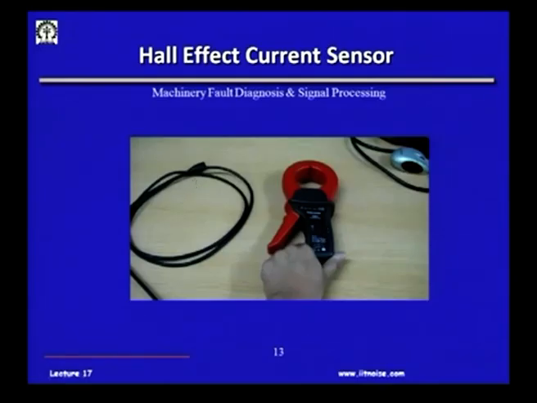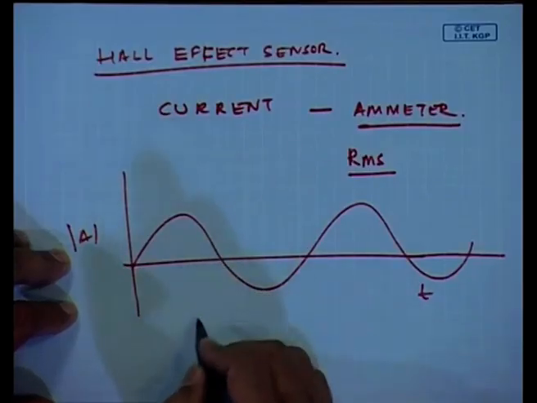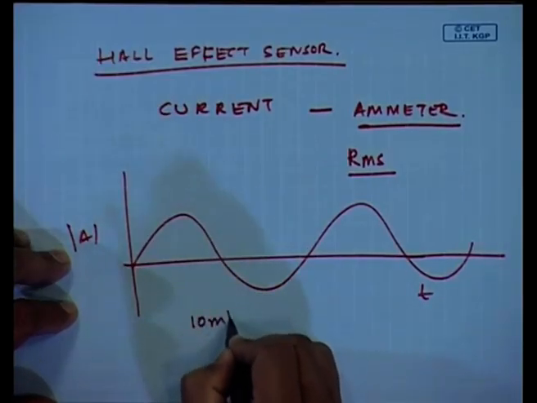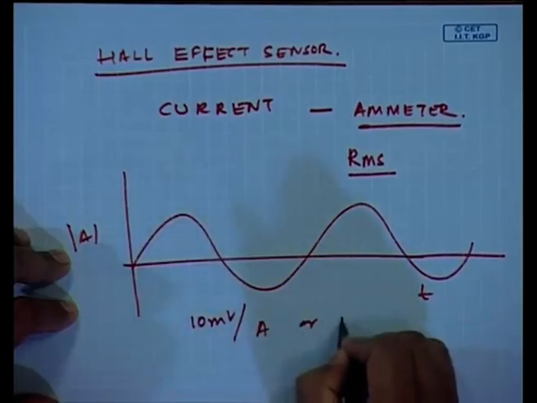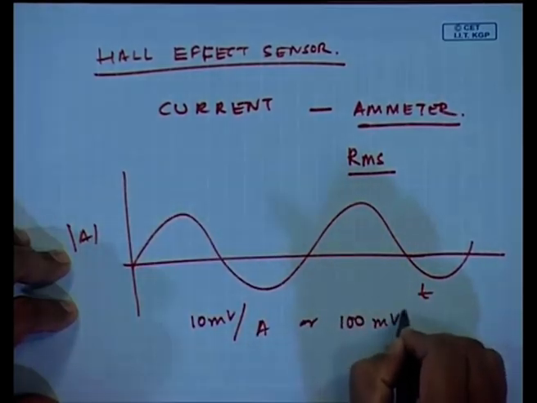Some of the simple laws of magnetism. Okay. And this current is shown as an output voltage. So, usually the typical sensitivity of such Hall effect sensors is about 10 millivolts per ampere or about 100 millivolts per ampere.